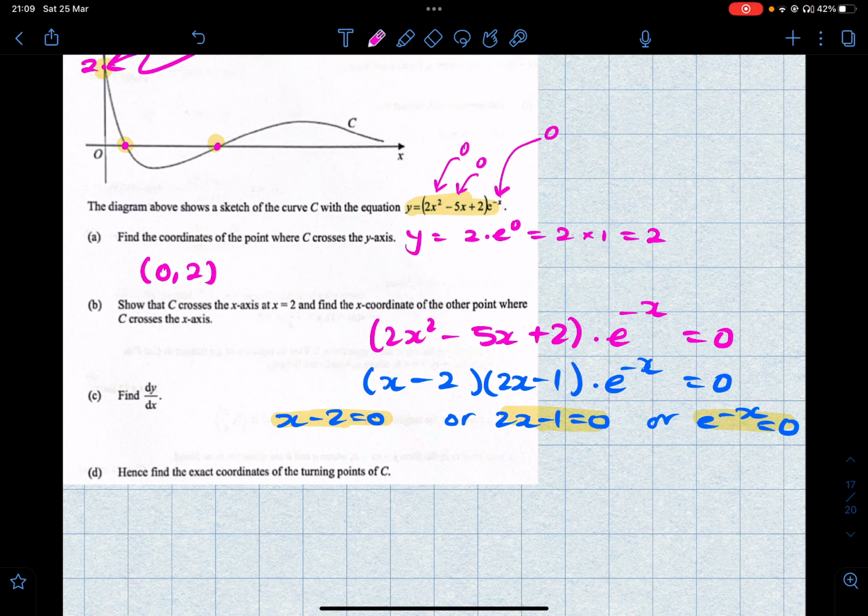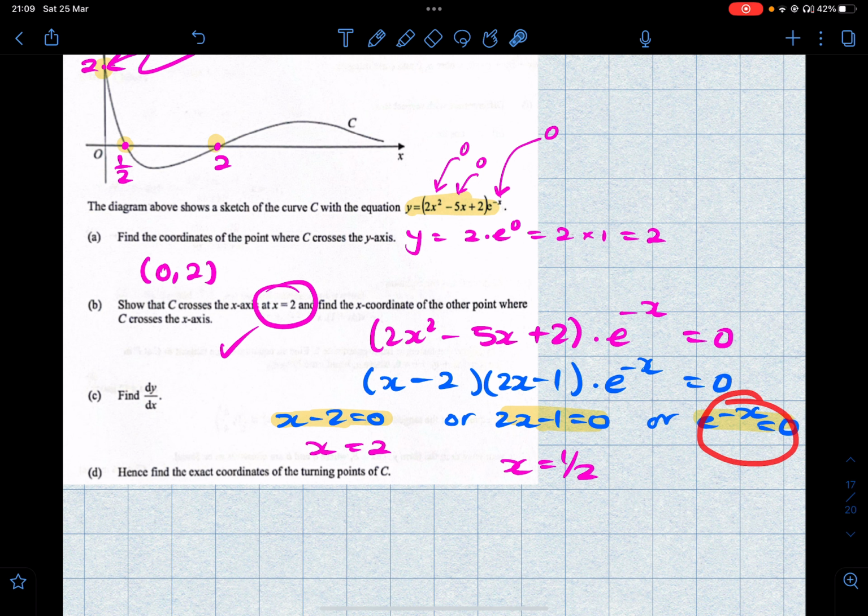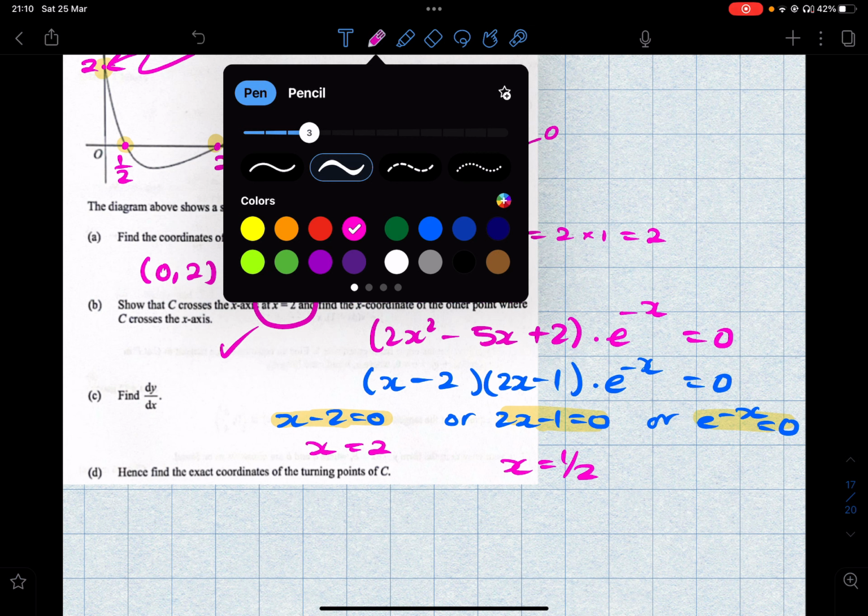So x equals 2 is the first one, so we answered that. x equals a half is the second one. And e to the minus x, I don't think that's ever equal to 0. There's no value for x that will make e to the minus x 0, so that doesn't have a solution.